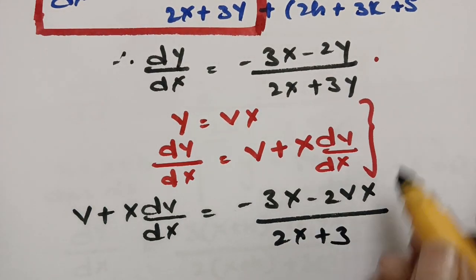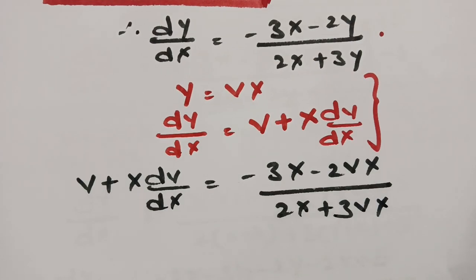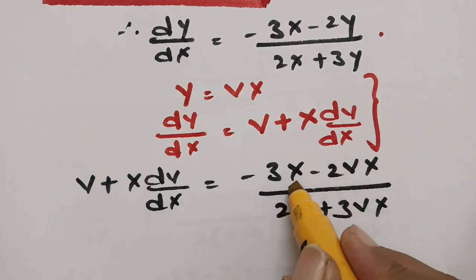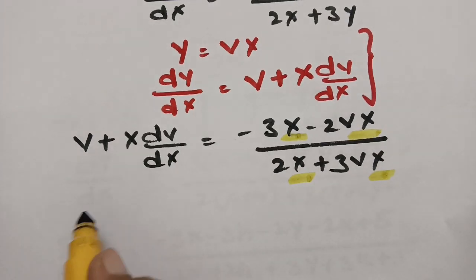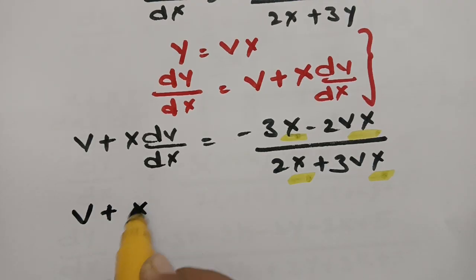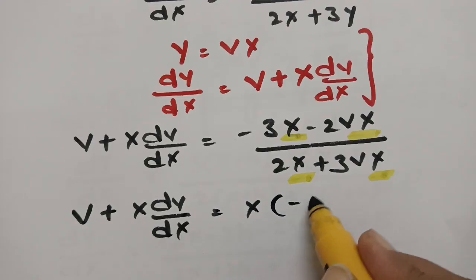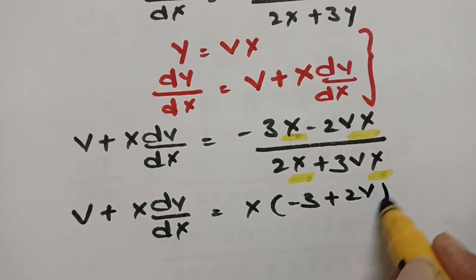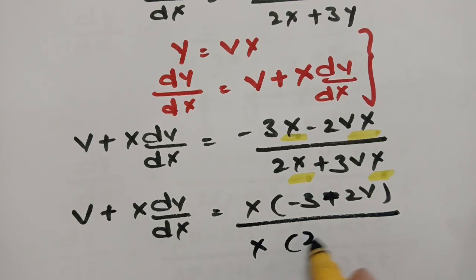divided by 2x plus 3 times, in place of y I am writing vx. If you observe, I can take x common and cancel it. So v plus x into dv by dx. If I take x common, this will be minus 3 minus 2v, and if I take x common, this will be 2 plus 3v.